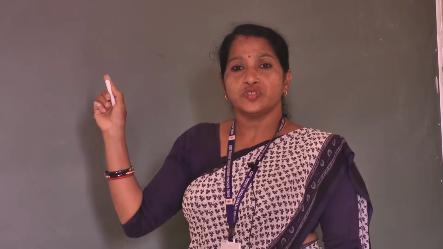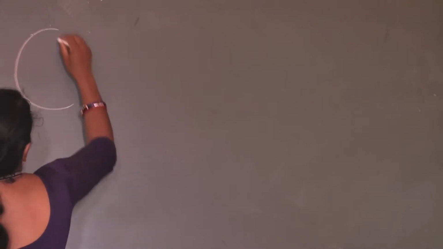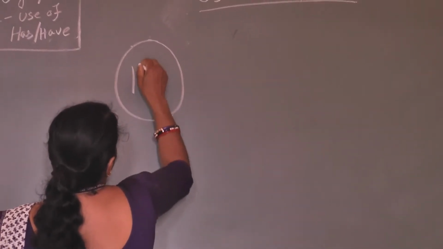But their use is different, because they are different verb forms and are used in different forms only because of singular or plural nouns. You see, children, where we have to use has and where we have to use have. Has.